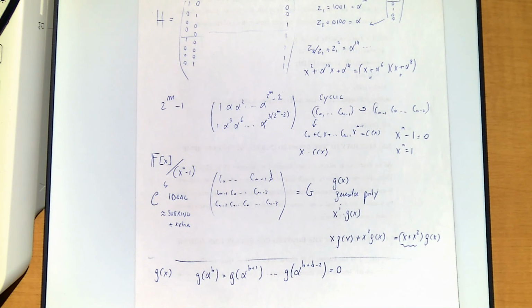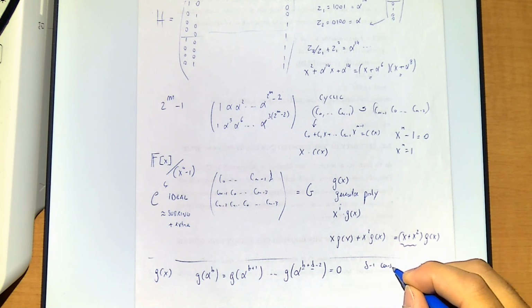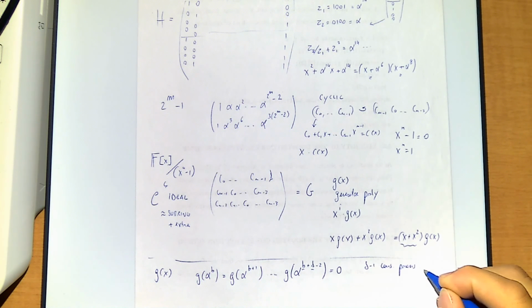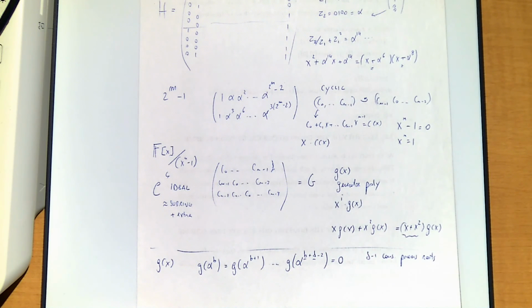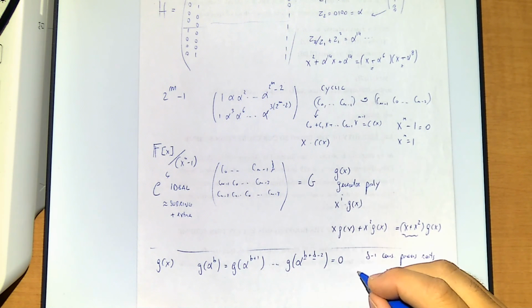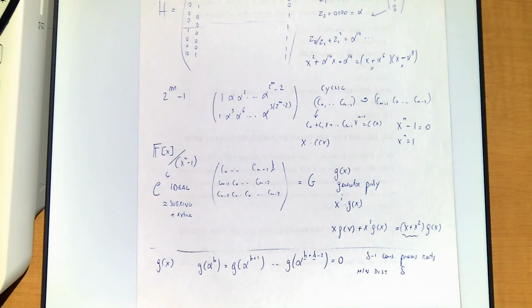Then, where b and delta are some parameters, essentially I have delta minus 1 consecutive powers that are roots. And then what I can claim is that the minimum distance is at least delta.